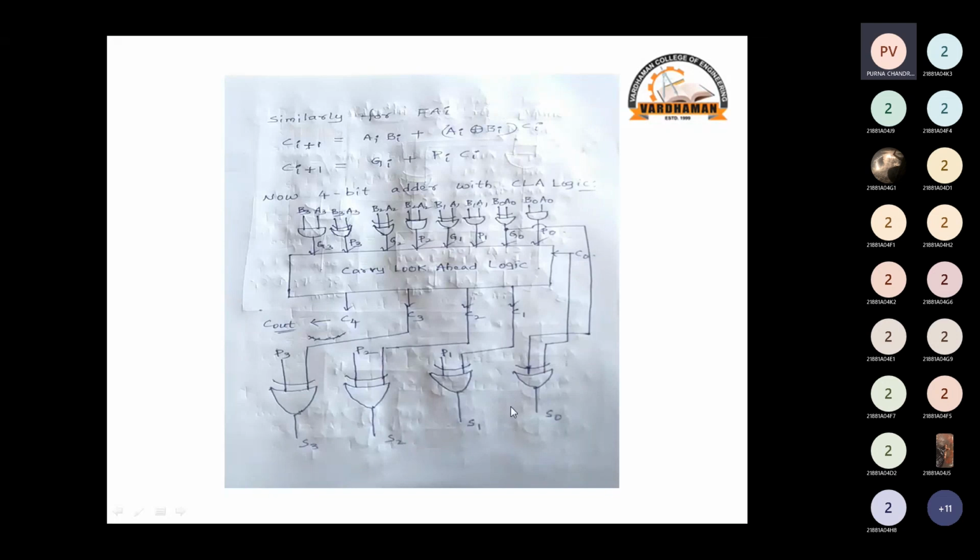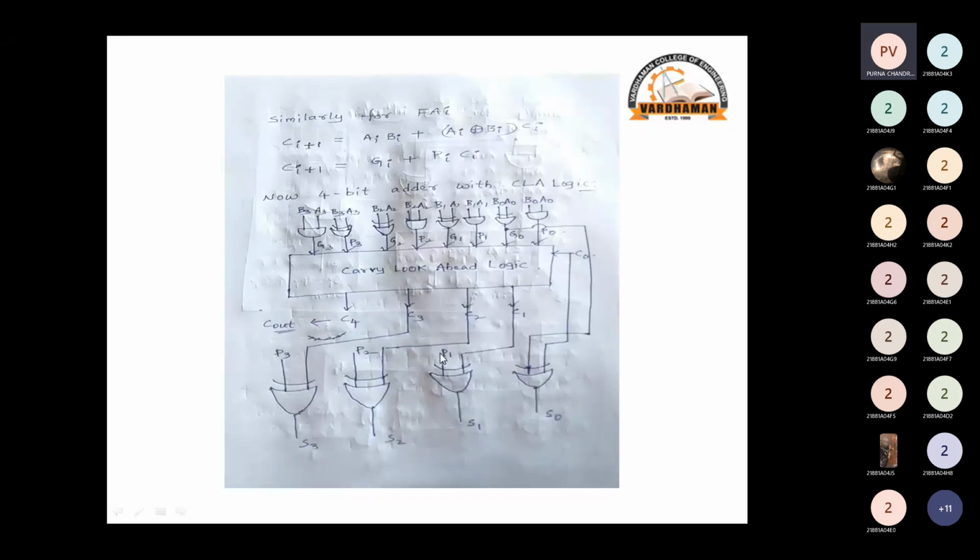That is the sum output of the adder. Now, S0 is equal to A0 XOR B0 XOR C0. Similarly, S1 is equal to P1. What is P1?